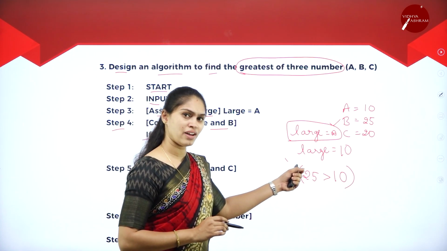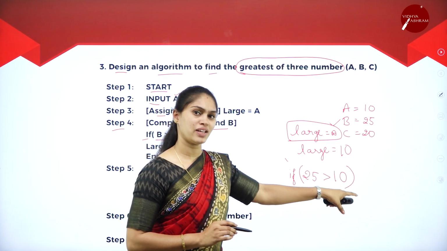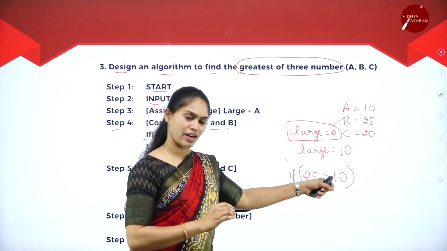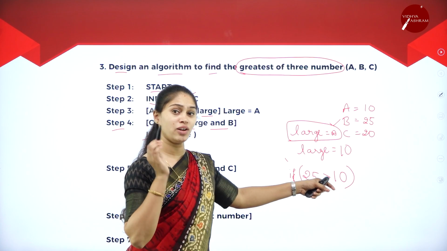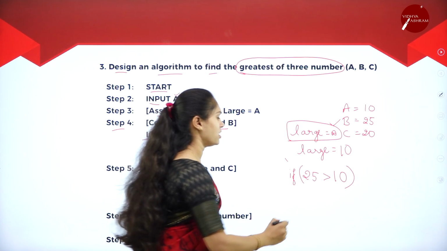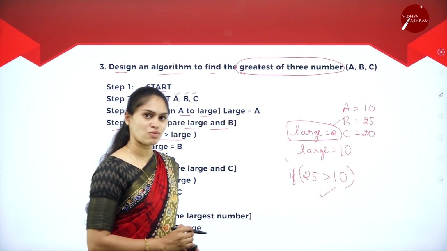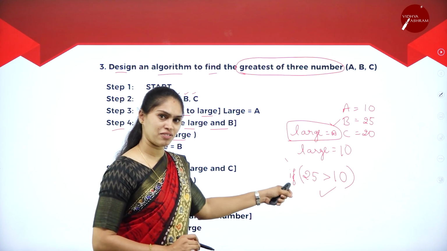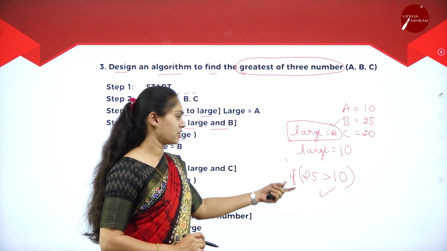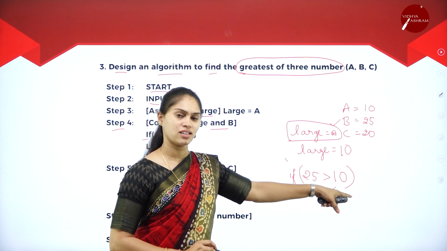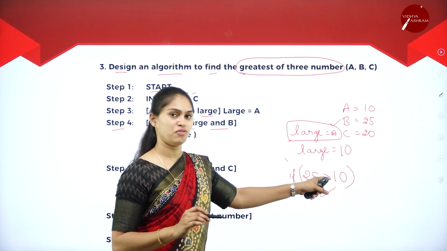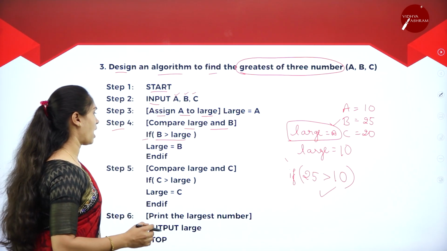Now you have to analyze. If 25 is greater than 10, whether it is true or false, 25 is greater than 10 or not. It is greater than 10. So this condition gets satisfied. Here we are checking whether this 25 is greater than 10. If it is true, if it is yes, then what is going to happen?